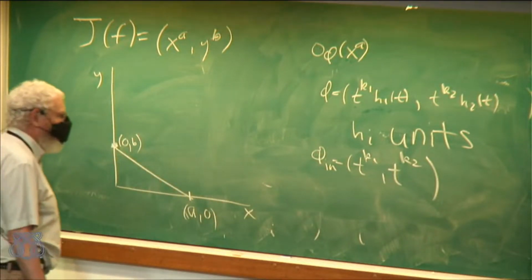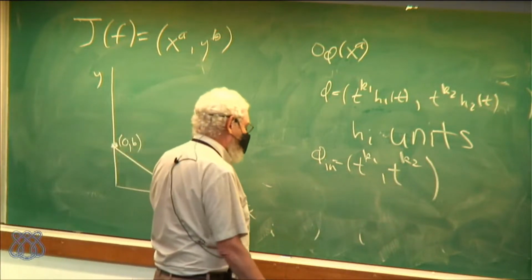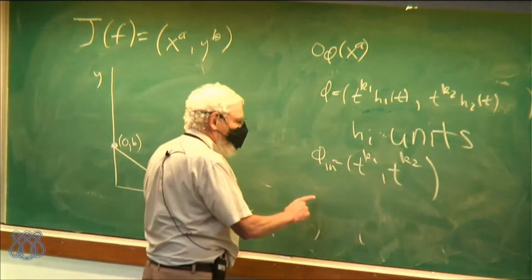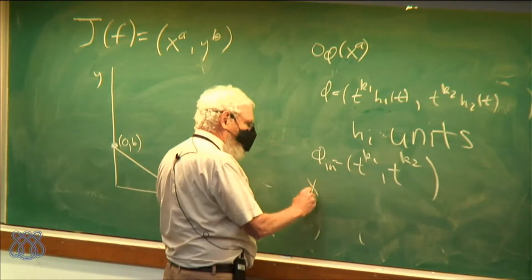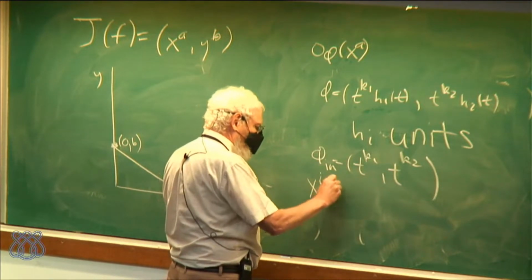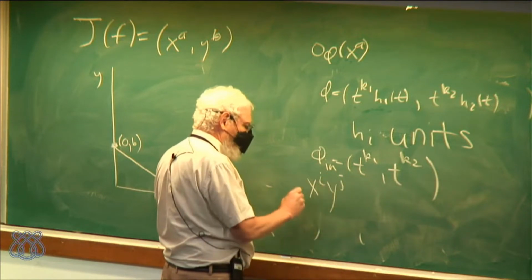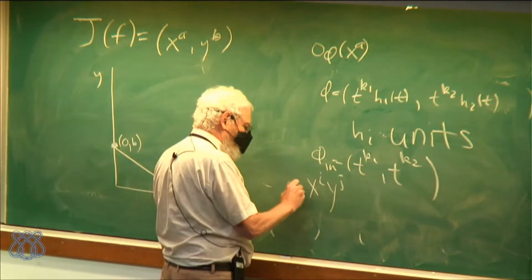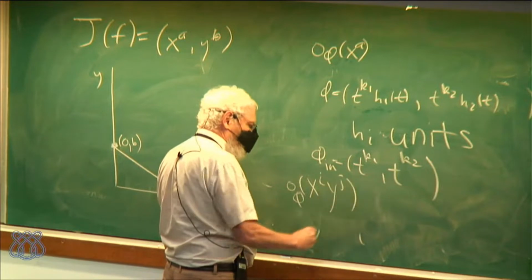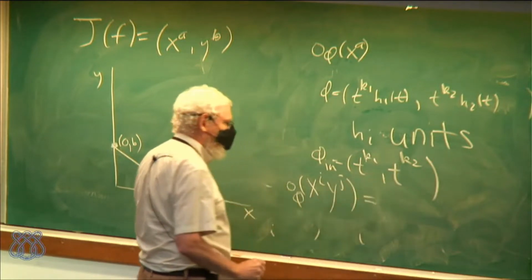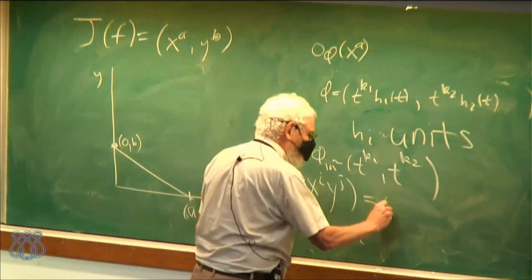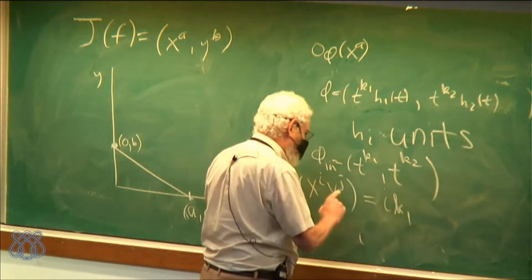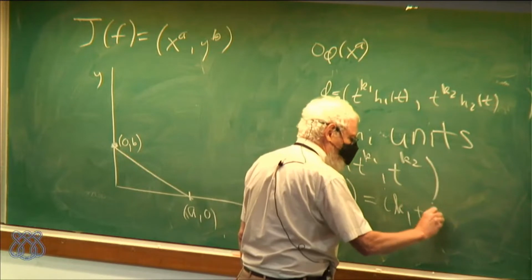Now, if I have a monomial and I want to calculate its order with respect to phi, then it's easy enough to see what I get. I'm going to get an i times k1 and a j times k2.